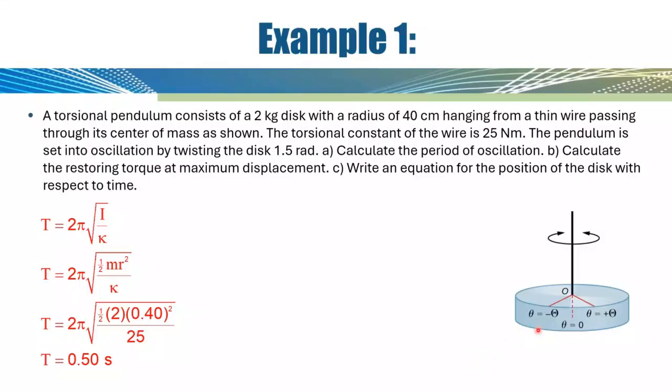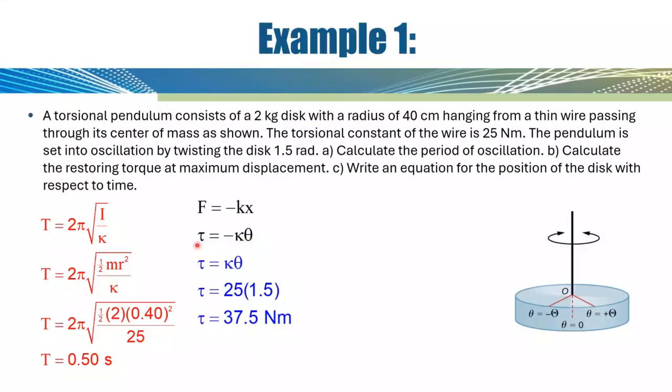So just a reminder that when you're at equilibrium and you twist it just a little bit, your restoring torque is just a little bit. But when I twist it even more, the restoring torque continues to grow. It's not a constant relationship, it's a linear relationship. And so I can use the equation tau equals negative kappa theta.